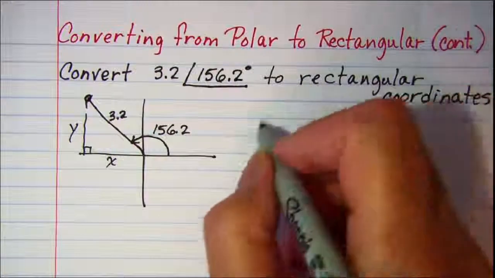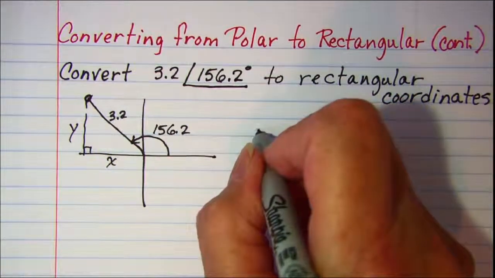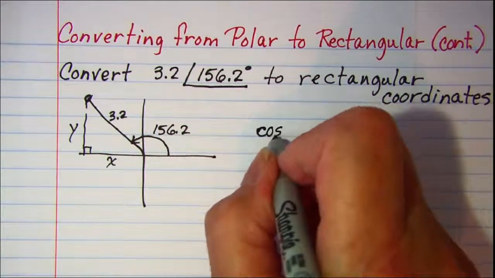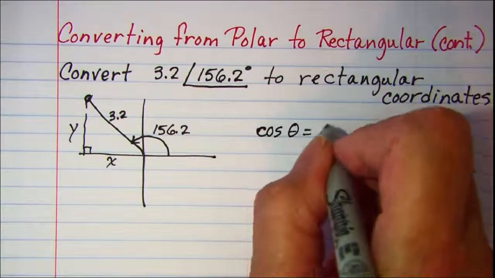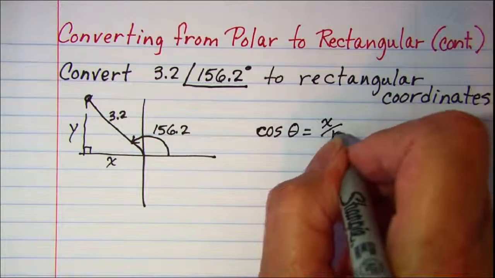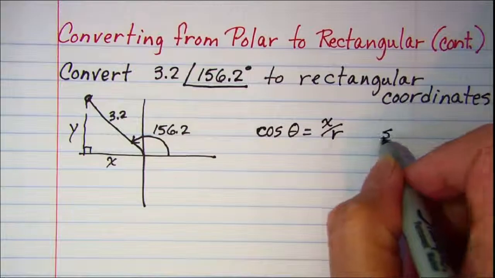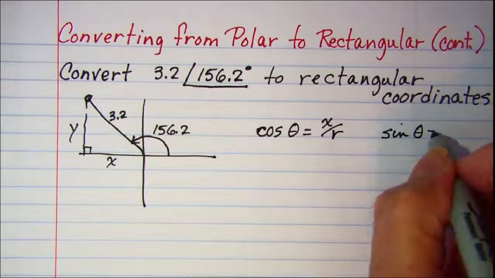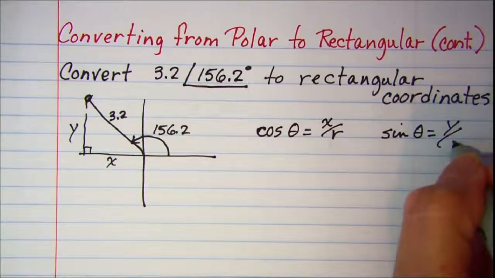Now we know that the cosine of theta is equal to x over r, and the sine of theta is equal to y over r.